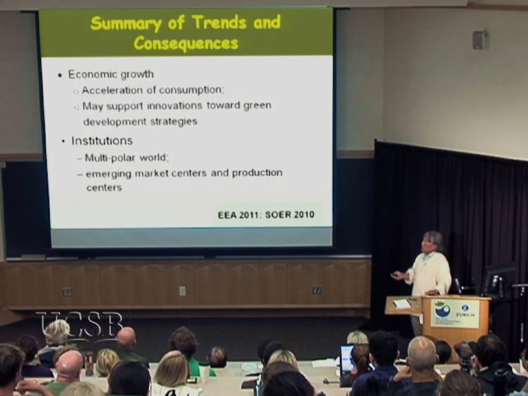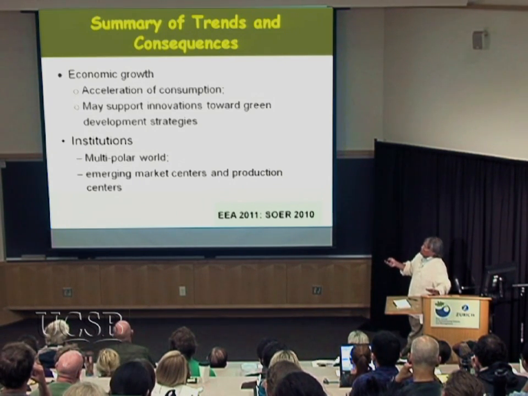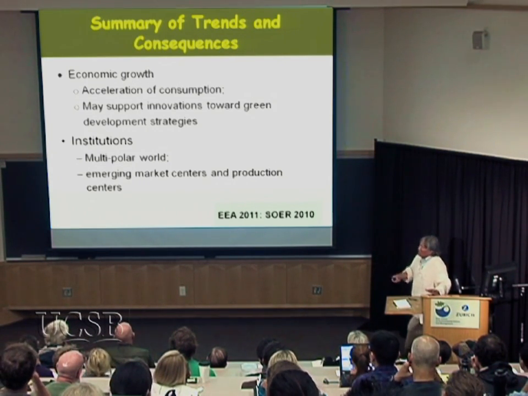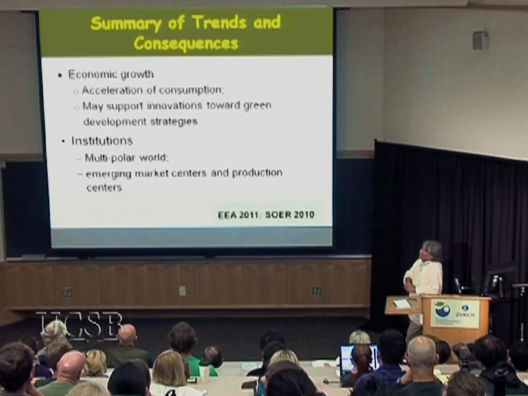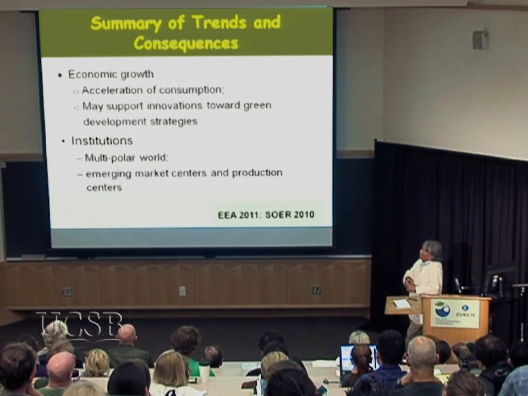We also are seeing changes in economic growth. Again, we're seeing acceleration of consumption because of the emerging economies that are developing. Some of that economic growth actually might support innovation, but that's a big question mark. Can we use some of the surplus economic growth in ways that really look into the future and develop innovative strategies toward green development?